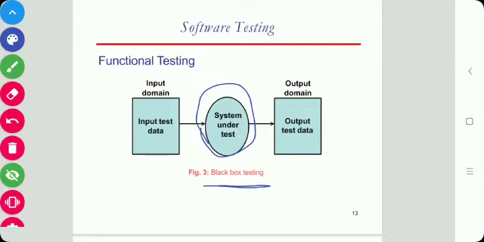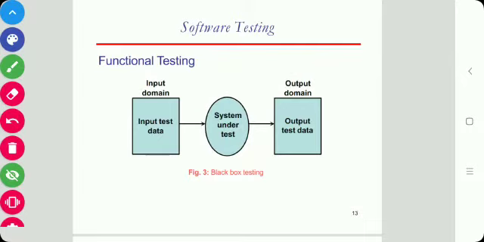We are only interested in checking the output functionality of the system. We provide a specific input, and for that input we check our expected output.